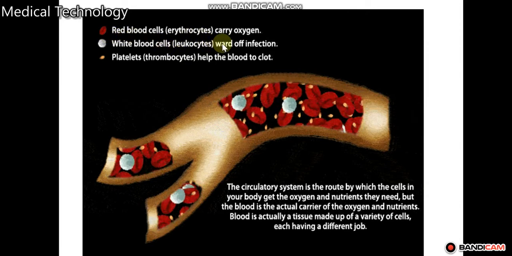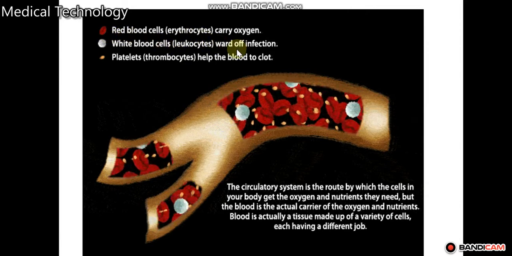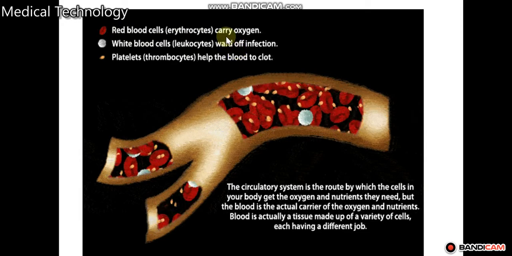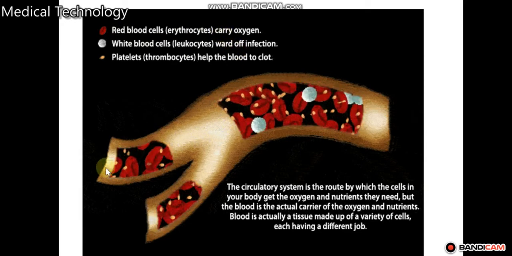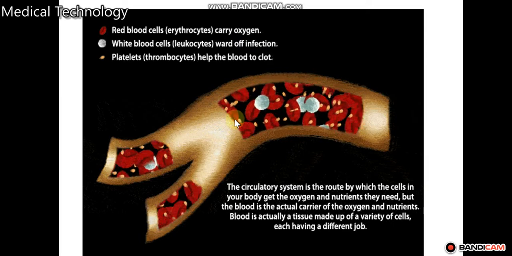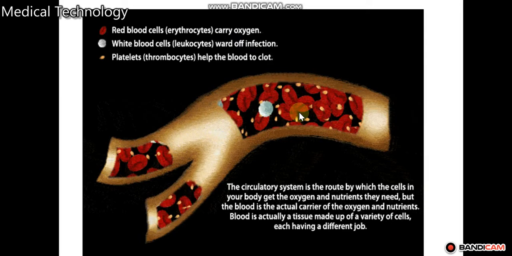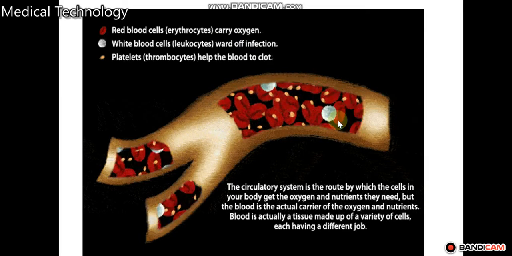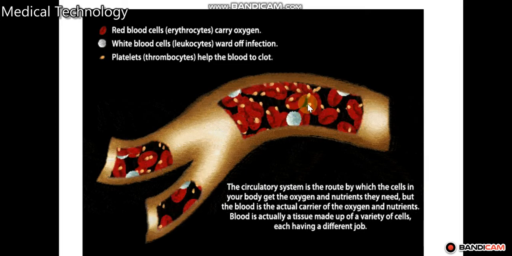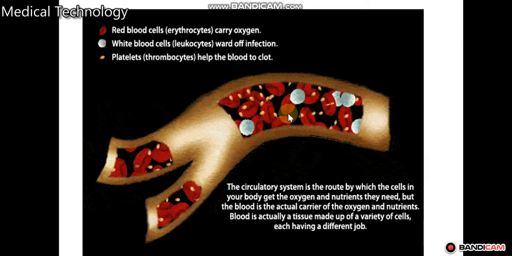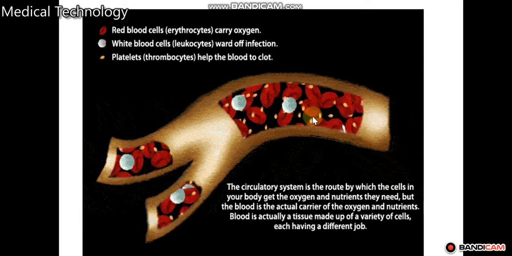Red blood cells, so their function is carrying the oxygen. You can look, there are white blood cells between the RBCs.